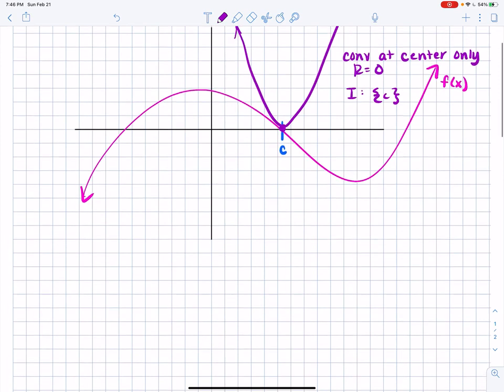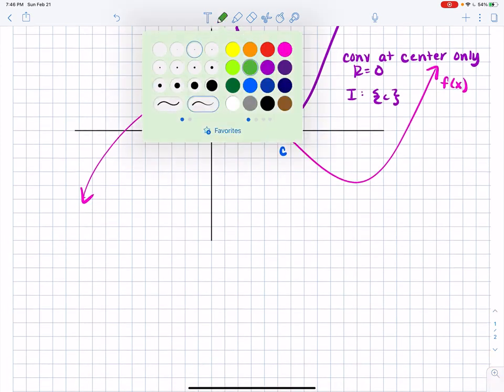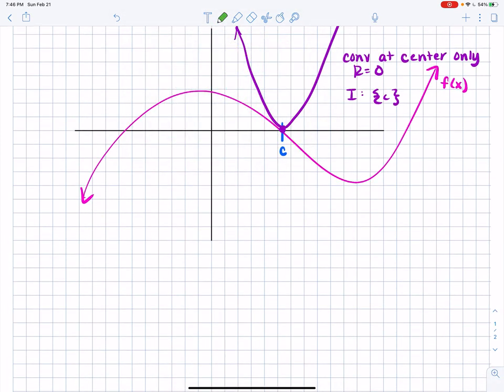Now, option 2 would mean maybe there's a range of values where it's pretty good. So let's say out this way it's a pretty good fit, and out this way it's a pretty good fit, but after that, it kind of goes away from the function.